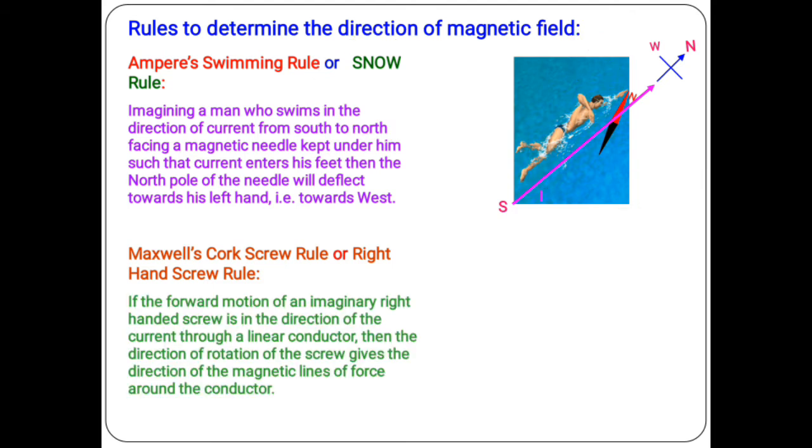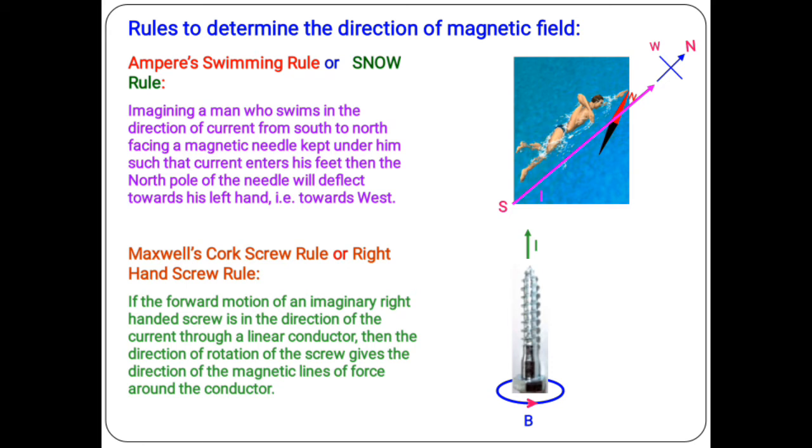The second law is given by Maxwell, called the corkscrew rule, or simply the right hand screw rule. The statement is: if the forward motion of an imaginary right handed screw is in the direction of the current, then the direction of rotation of the screw gives the direction of the magnetic field. This is called the right hand screw rule.